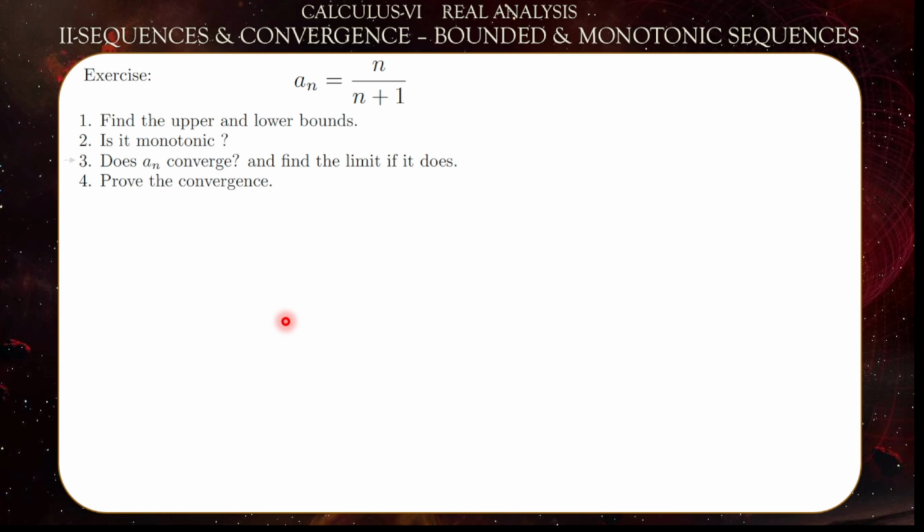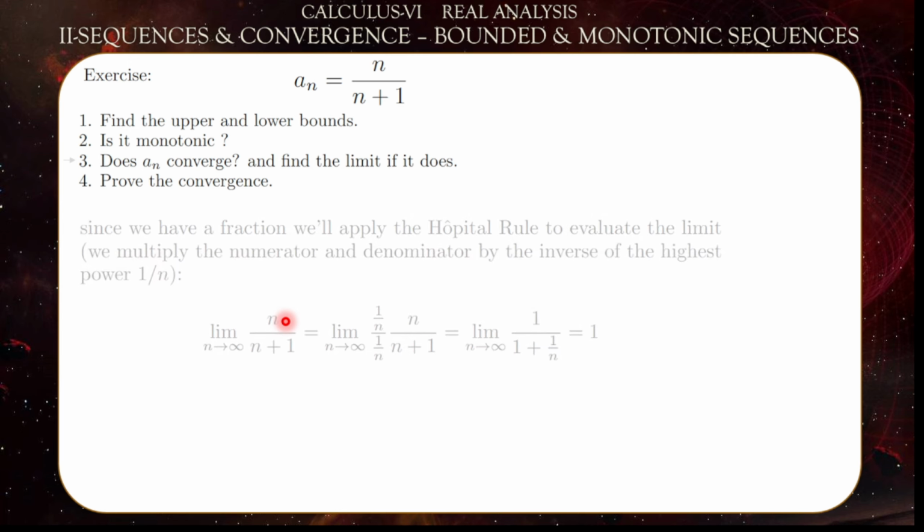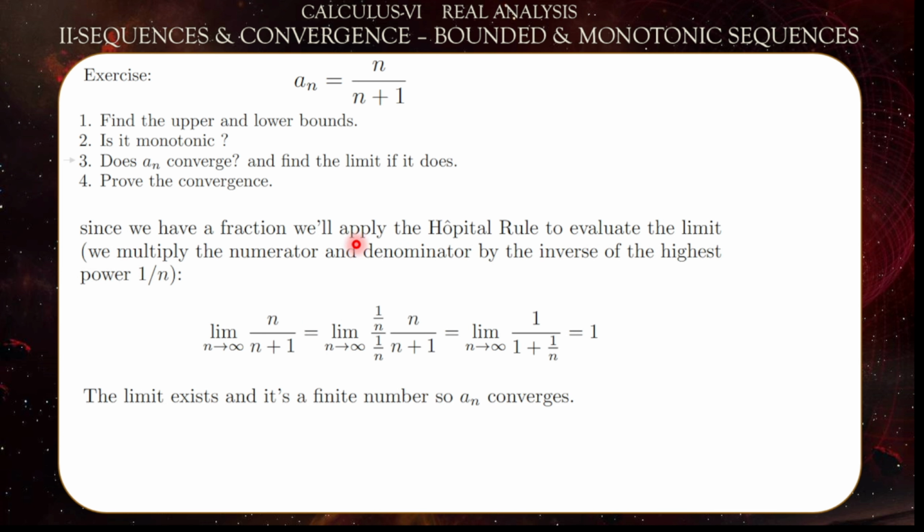Does a_n converge, and find the limit if it does? Since we have a fraction, we'll apply the L'Hopital rule to evaluate the limit. We multiply the numerator and the denominator by the inverse of the highest power, which is 1 divided by n.